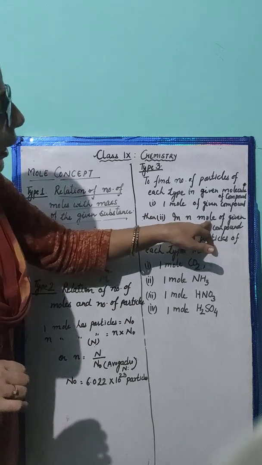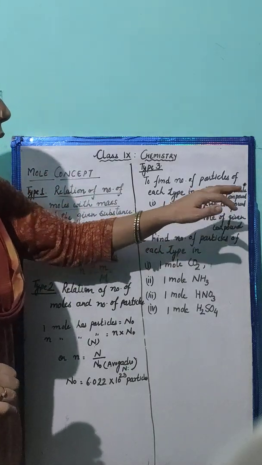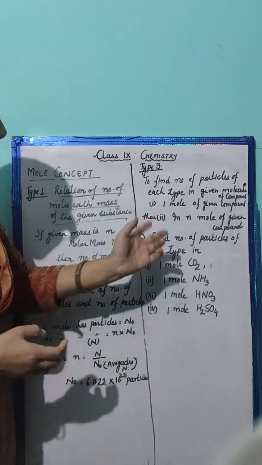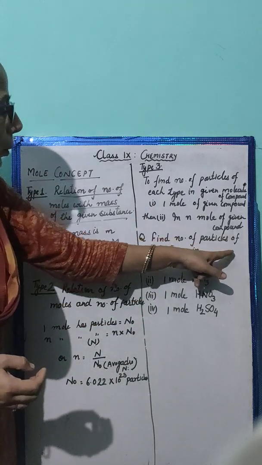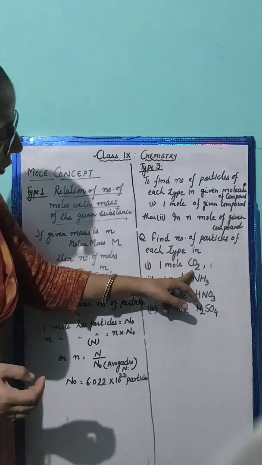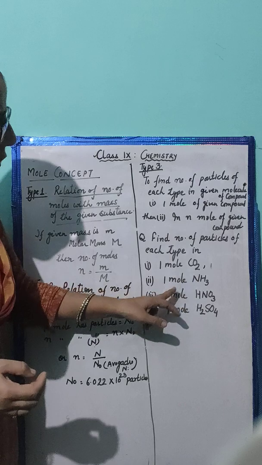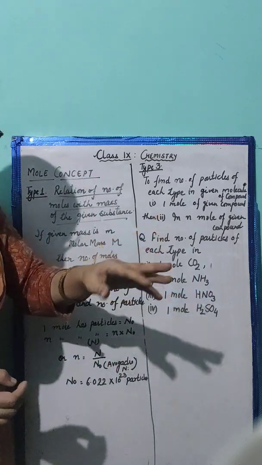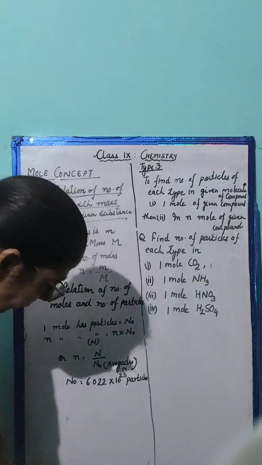And then in n mole of given compound, what are the different kinds of particles? So let us start with finding the number of particles of each type in 1 mole CO2, 1 mole NH3, 1 mole HNO3, 1 mole H2SO4. So let us start one by one.